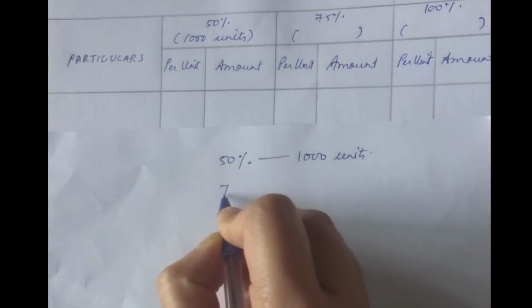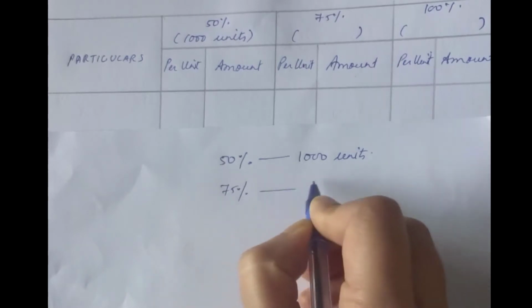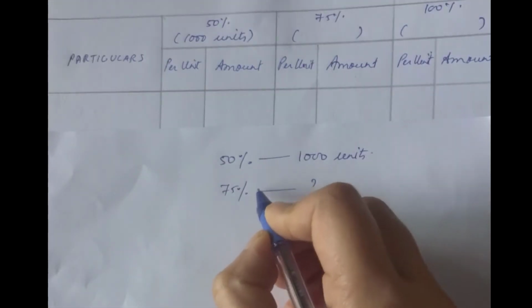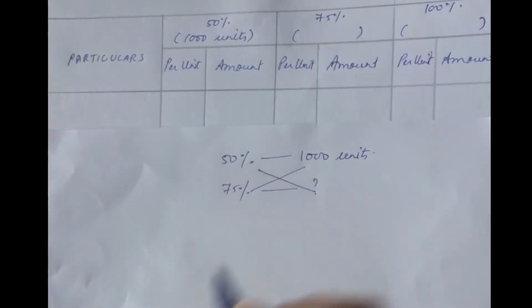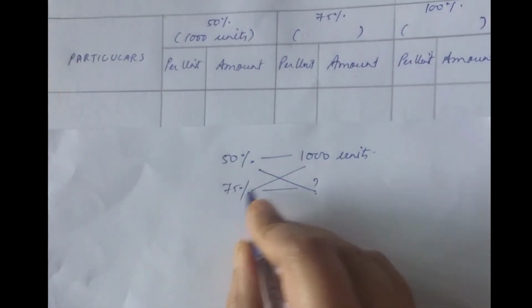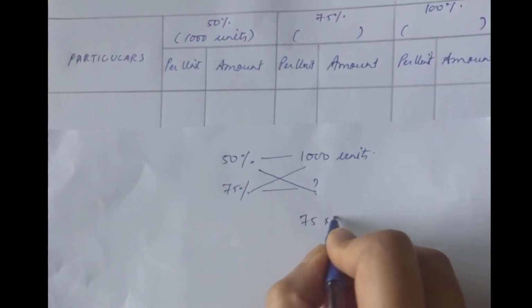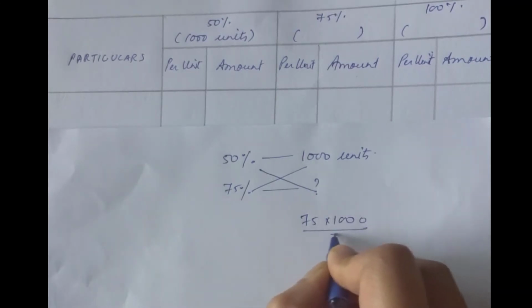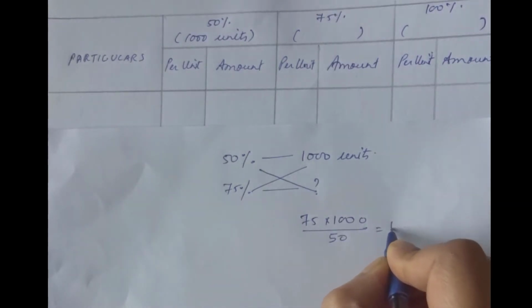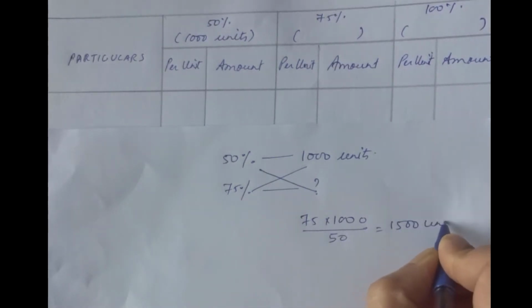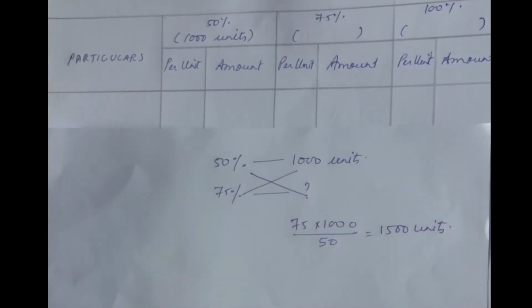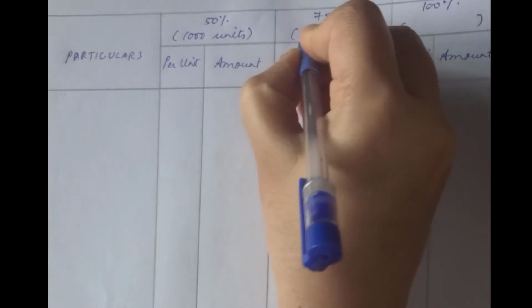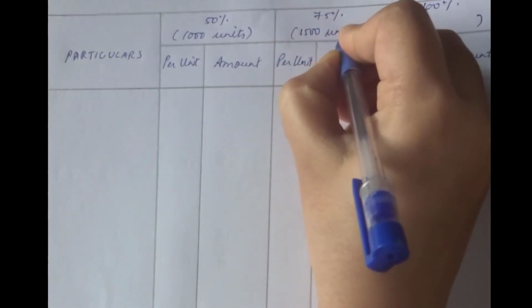So for 75% what will be the unit? We can just cross multiply it. If you cross multiply, 75 into 1000 divided by 50, we will get here 1500 units. So we can put it here, 1500 units.